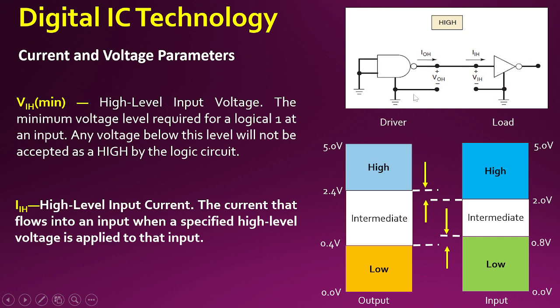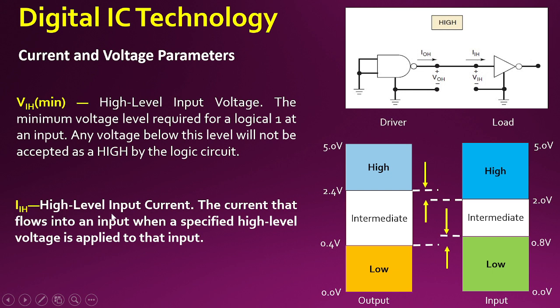So with respect to the driver, in this particular situation the current is getting out of the system, it is sourcing current. And here we can say IIH, because the current is entering into the system when the logic is high. That is why we are calling it IIH.